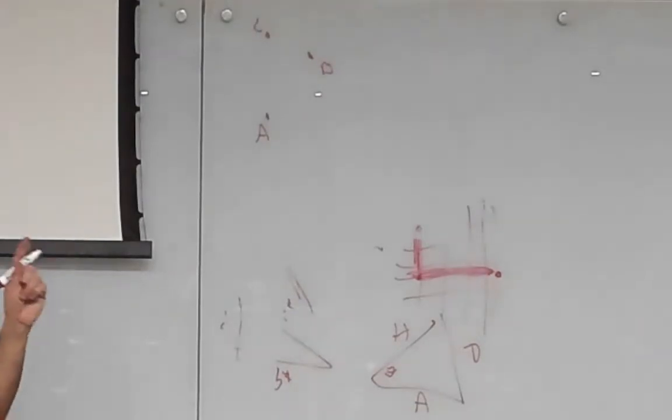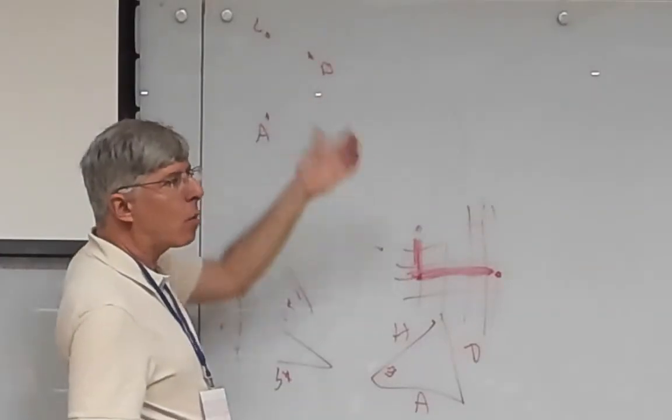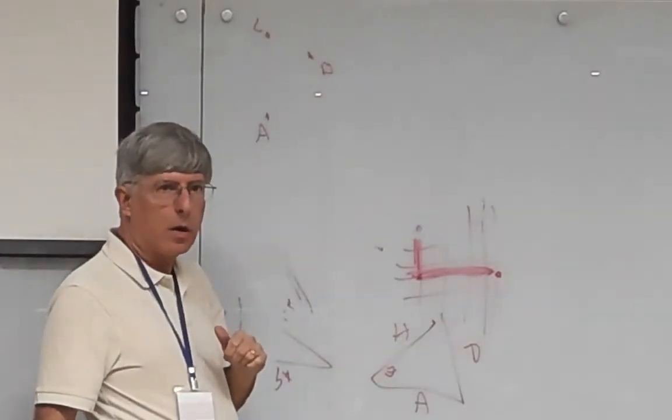And that distinction is going to be useful to us for a couple of different reasons. One thing is, it gives us a way to tell the difference between whether something is going around clockwise or counterclockwise.